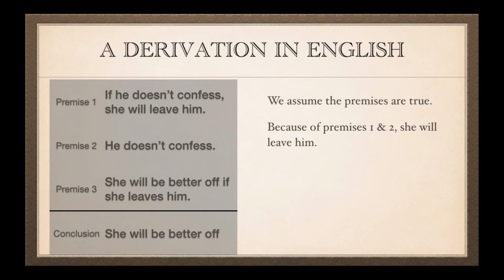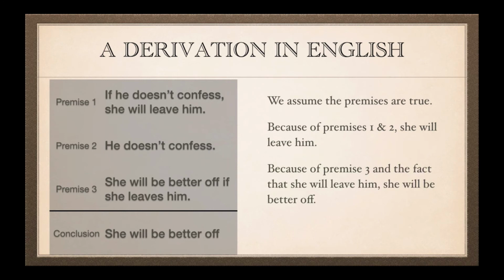So if premises 1 and 2 are true, then so is this intermediate claim, she will leave him. Now if we combine that claim with premise 3, we can conclude she will be better off, because she will leave him is the antecedent of the third premise, and the consequent of the third premise is she will be better off. So indeed, if all three premises are true, so is the conclusion, and so the argument is valid.